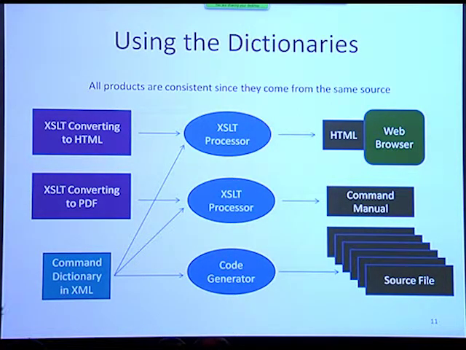And if you want a new command, you add it into the command dictionary, and it comes out in a source file. And what they would do is produce all the enumerations, all the parameter handling, and produce stubs for the developer to go in and write code inside the stub that actually performed what the command was doing, but they didn't have to write all the domain and range checking on the parameters and all the other things you have to check for when a command comes on board the craft.